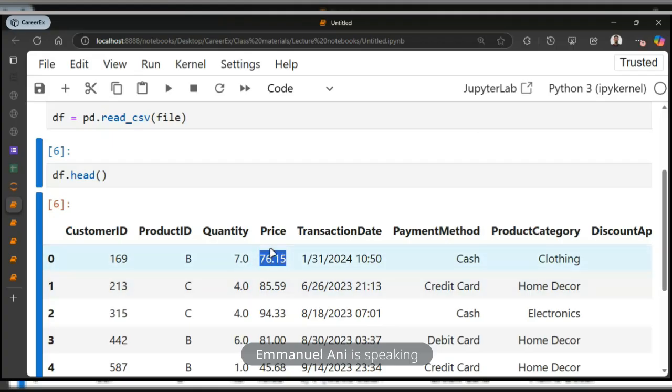So what your model will do is try to tune all the coefficients of these independent variables so that the value is going to come close to 76.15. It probably would not be exactly 76.15, but it should be close enough. It might bring it down to, let's say, 80 something, or 70 something. All right, so it's close enough.